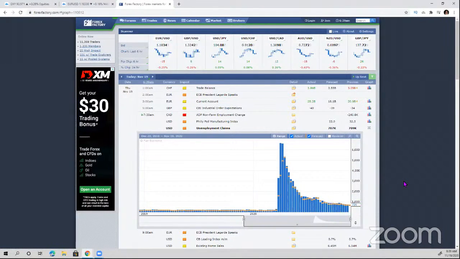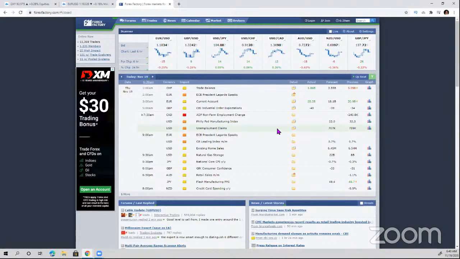We are still around that 700K to 1 million unemployment claims per week, right? The actual numbers come as expected by analysts. So right now that doesn't move the markets.